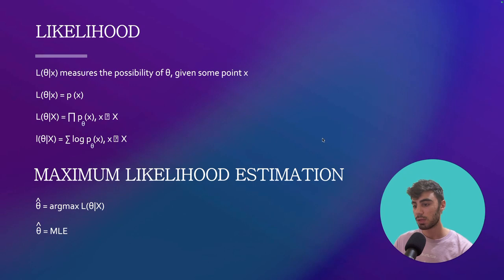Maximum likelihood estimation is a common method used to estimate the parameters of a statistical model, and it involves finding the parameter values that maximize the likelihood function. MLE seeks the parameter values that make the observed data most probable under the model.